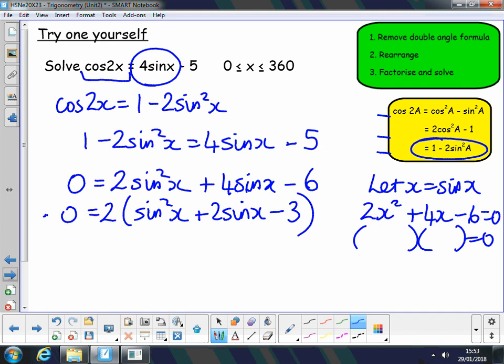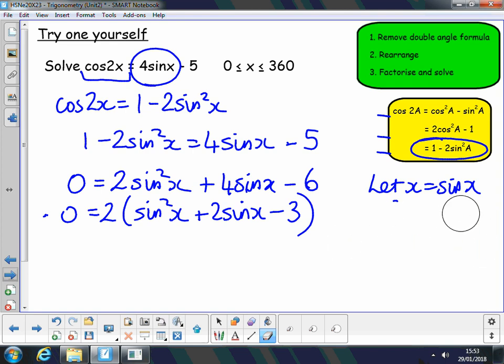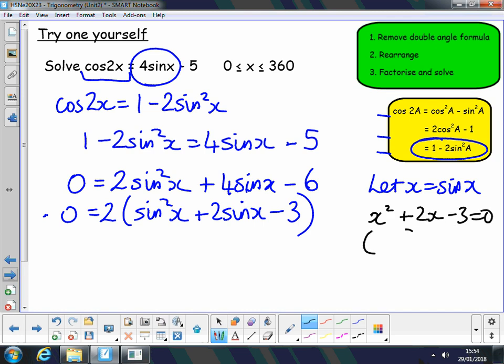Okay, which just takes us back to here. Hopefully you didn't make the same mistake. So we have x squared plus 2x minus 3 is equal to 0. And in your brackets, so much easier, x plus 3 and x take 1. You still get the same answer, but it'll just take you more steps.